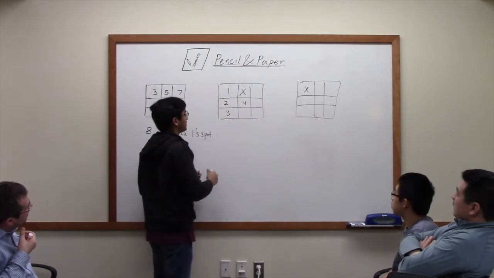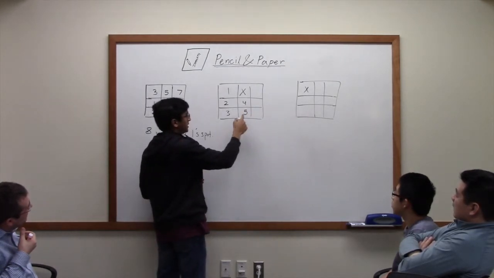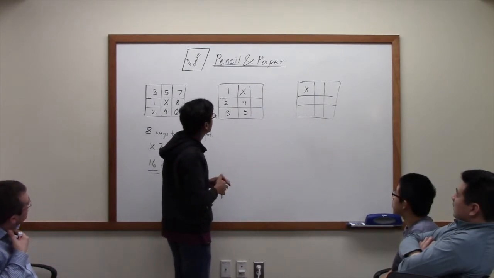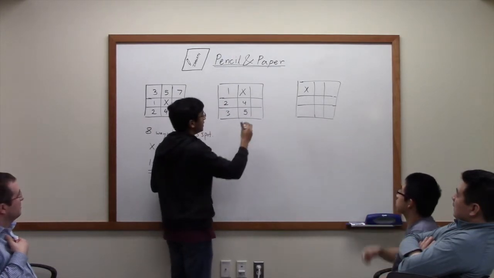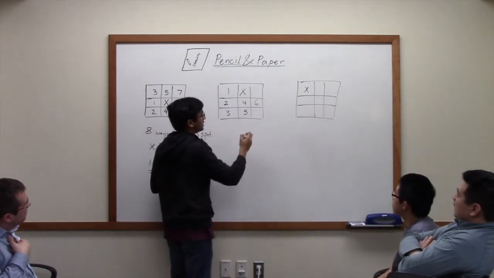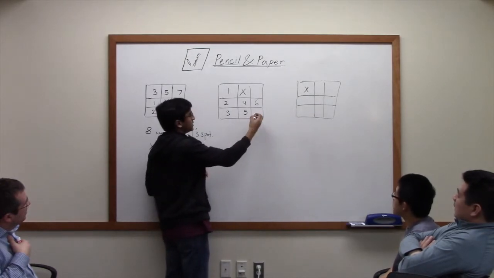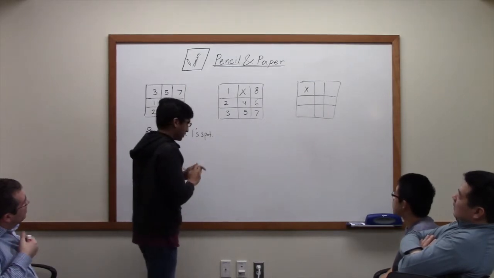Now the rest will fill in quickly, because 5 has to go here. Then for 6, 7, and 8, 6 is beside 4, so 6 has to go here, and this cannot be 8 since it's next to 5. So this is 7, this is 8. Okay, so that's one way.